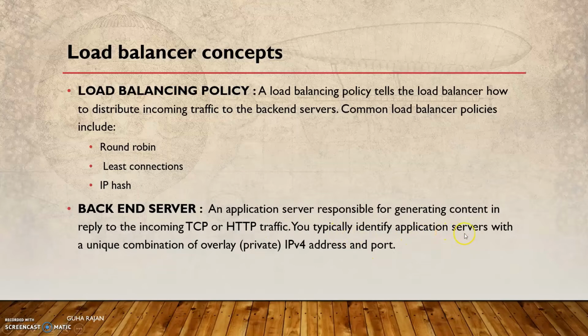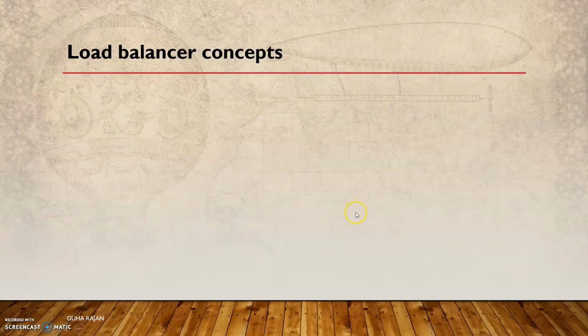You typically identify an application server with a unique combination of IP address and port. As I said, HTTP is port 80, HTTPS, if I am right, is 443. The port needs to be enabled, and the IP address needs to be for that specific backend server. So that's about the backend server.